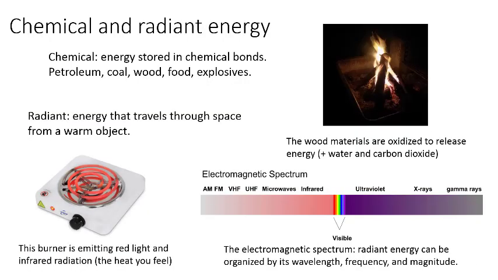Two other forms of energy we'll spend considerable time with are chemical and radiant energy. Chemical energy is that stored in chemical bonds, and there are numerous examples of this. But perhaps the easiest to see is when we combust something like petroleum, coal, or wood, or the metabolism we have in our bodies using food for energy.